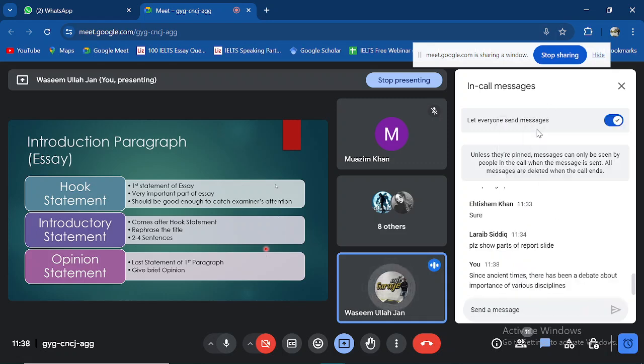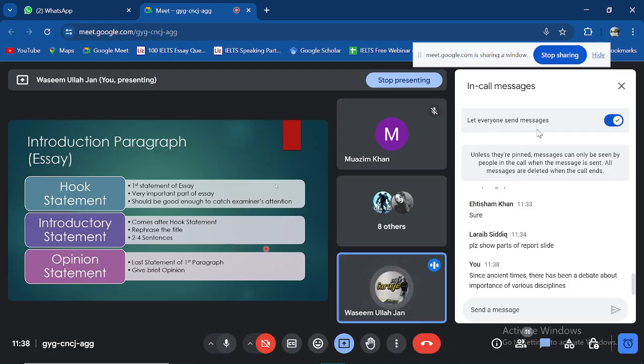If you guys open the meeting chat, I have written for you a hook statement on the said topic. The hook statement can either be history, like I have written history here. It can be quote. The quote can be a famous one or a common one, or it can be background of the given keywords. There can be one keyword, there can be more than one keyword, there can be hidden keyword, there can be visible keyword. Your hook statement ideally should be 12 to 15 words long. Maximum it should go to 20 words, right?